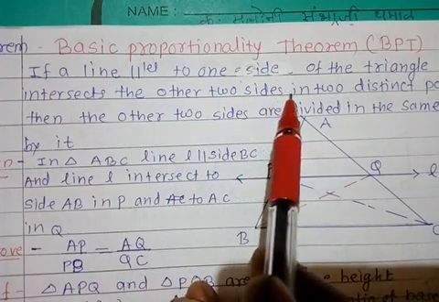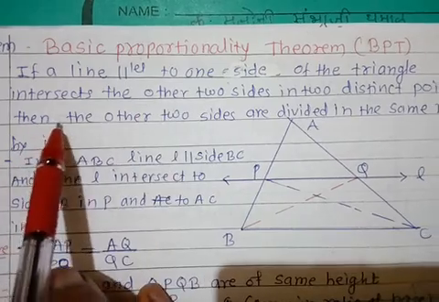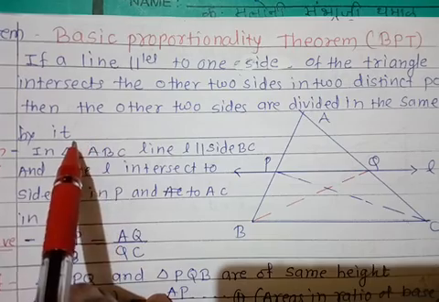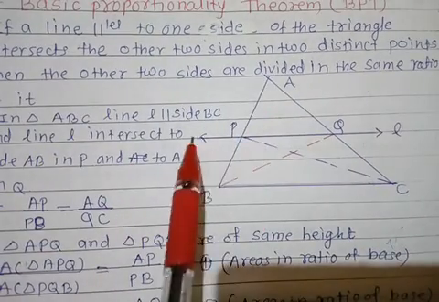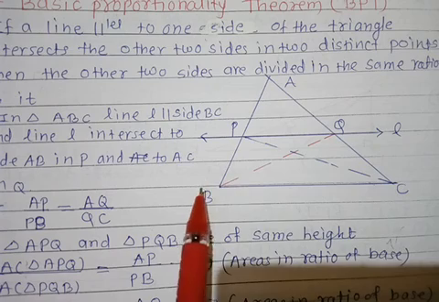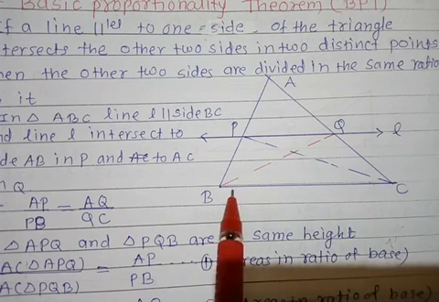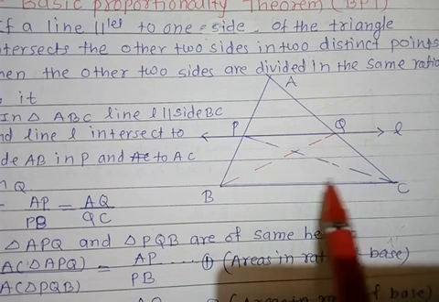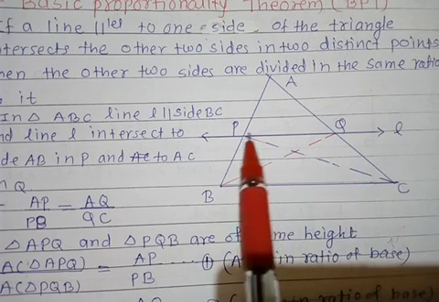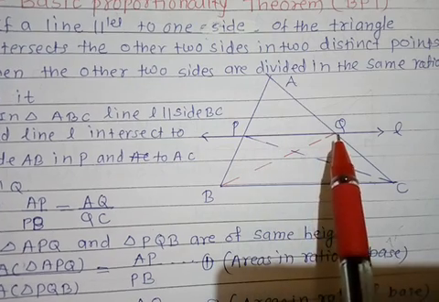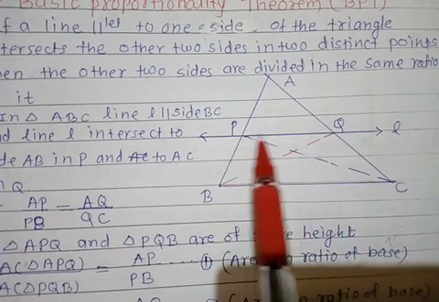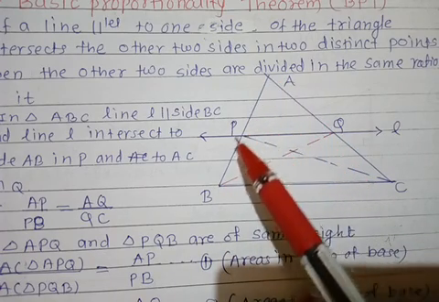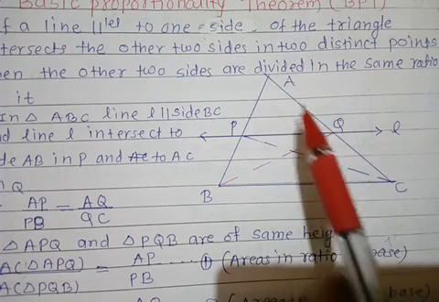intersects the other two sides in two different points, then the other two sides are divided in the same ratio by it. Means, it is a triangle, and this line is parallel to one side and intersects the other two sides in two points, P and Q. Then that line divides the other two sides in equal ratio.